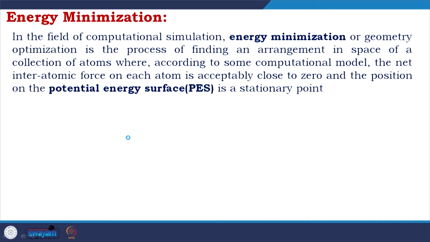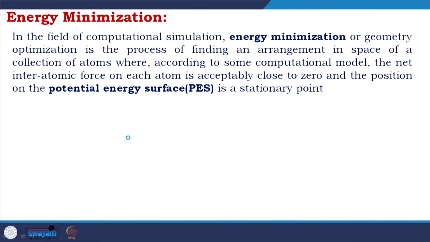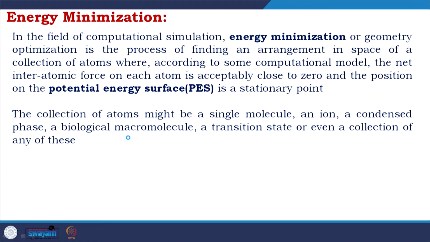I will not go into the second part now, I am going to explain it later, but the first part is: you have an atomic system, it has bond lengths, bond angles and all these things, and it would be optimized in a way, the configuration, conformation, geometry, so that the net interatomic force on each atom is acceptably close to 0. That is the major condition of energy minimization.